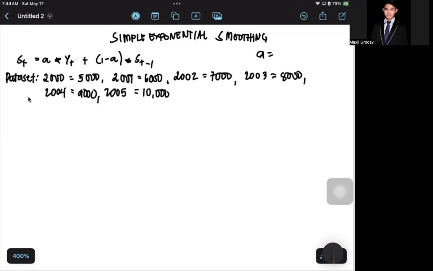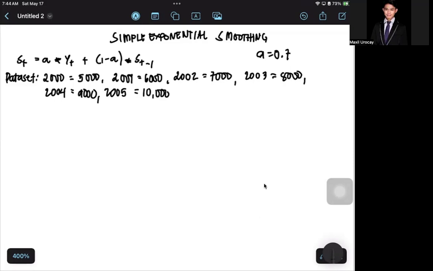For example, our alpha right now is 0.7. That will be our smoothing parameter that we'll take note of in every case. This is really serious in how to calculate, because you need to work in a step-by-step manner, and you really have to deal with this carefully.